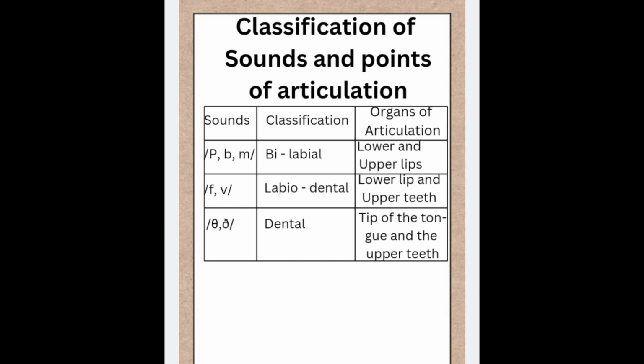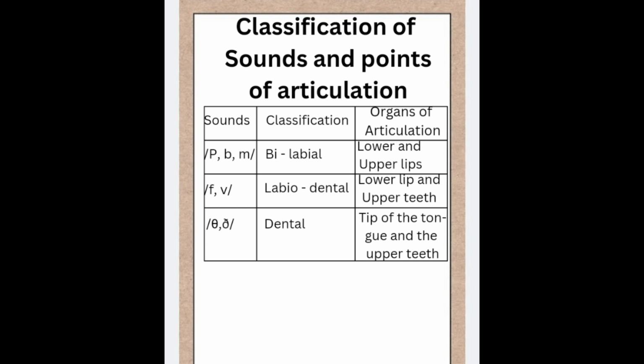Let's look at the next sounds, which are F and V. They are classified as labiodental. That is, the lower lip and the upper teeth are the organs for the articulation of these sounds.